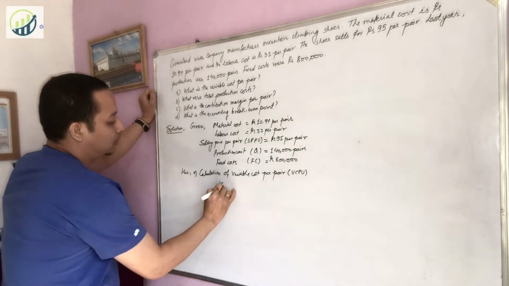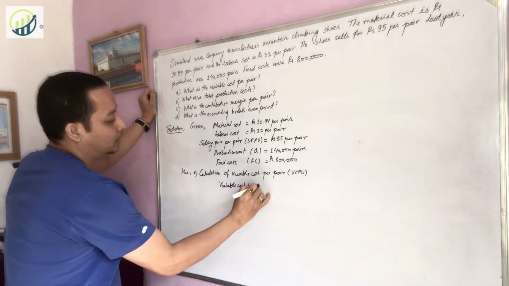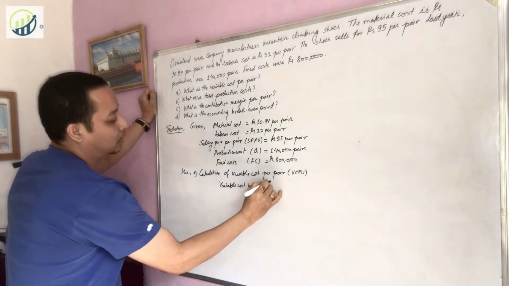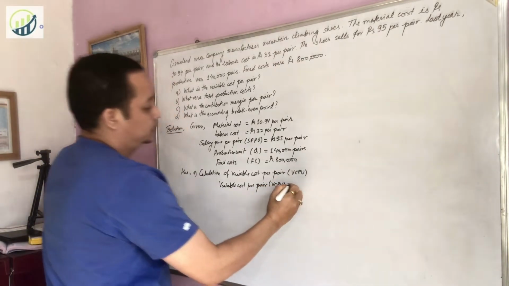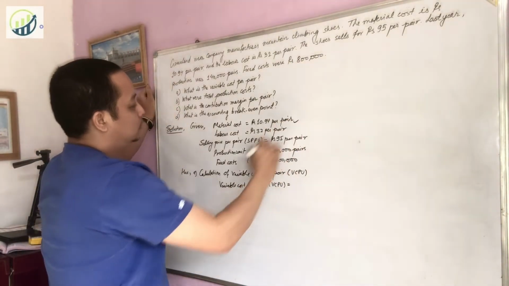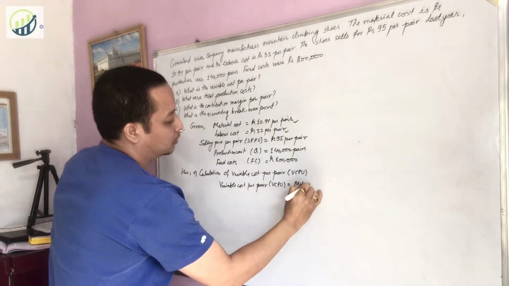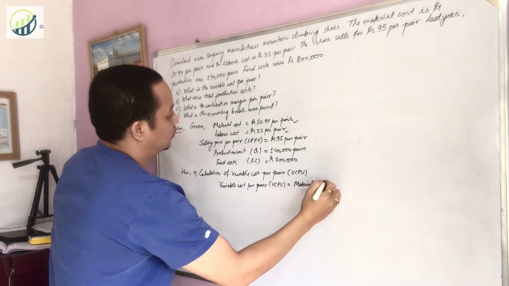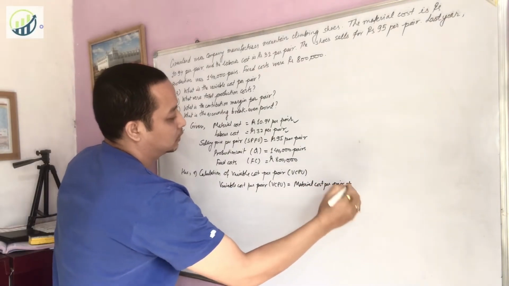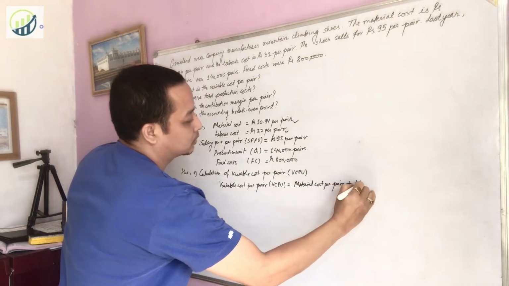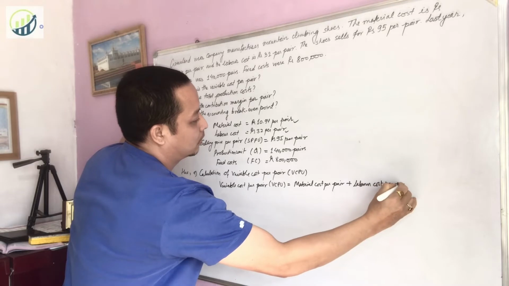So variable cost per pair is equal to material cost per unit plus labor cost per pair.